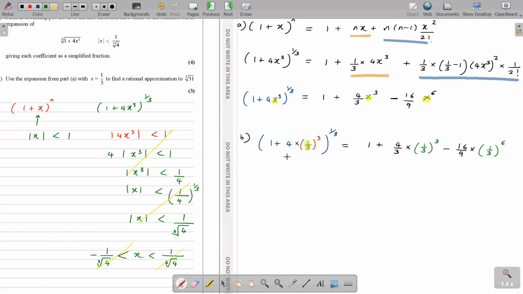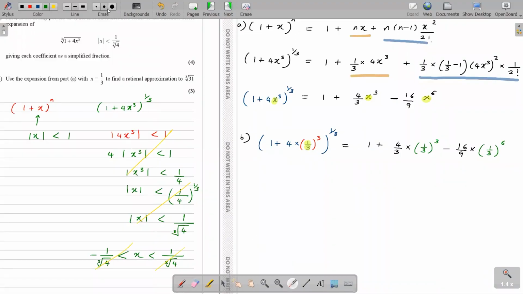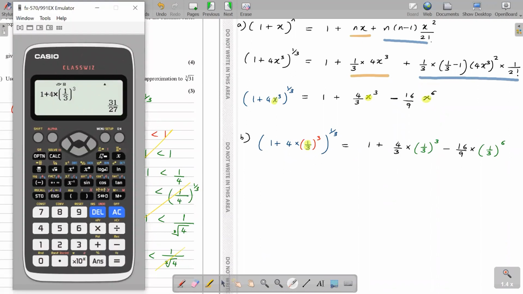Okay, so type this part in the calculator. We'll type each part separately. First of all, 1 plus 4 into 1 over 3 whole thing to the power 3, which is 31 over 27. I'm typing the left hand side, by the way.